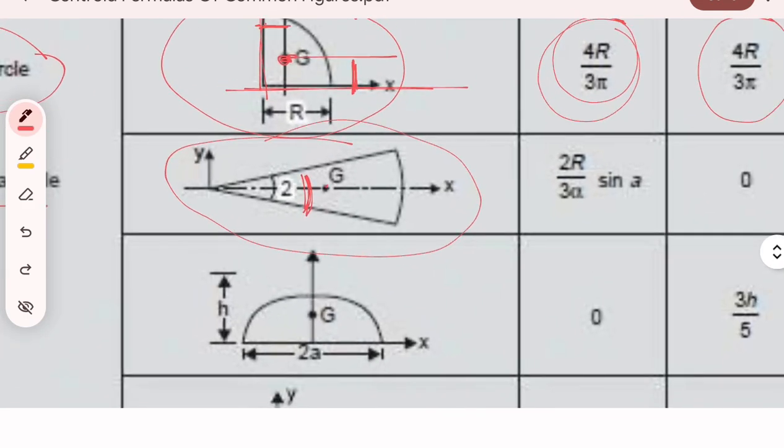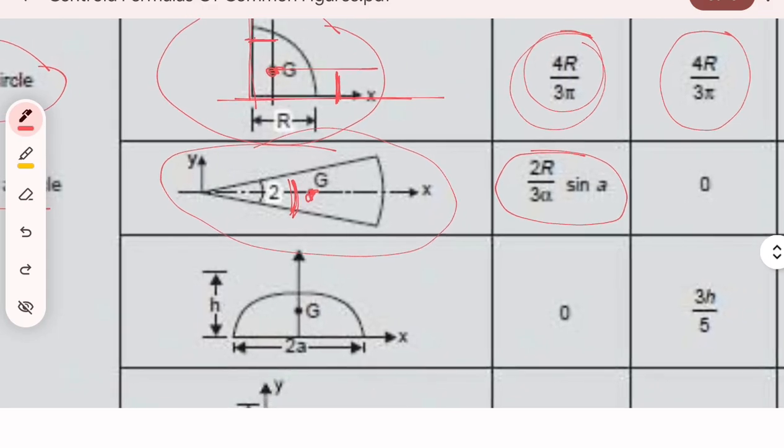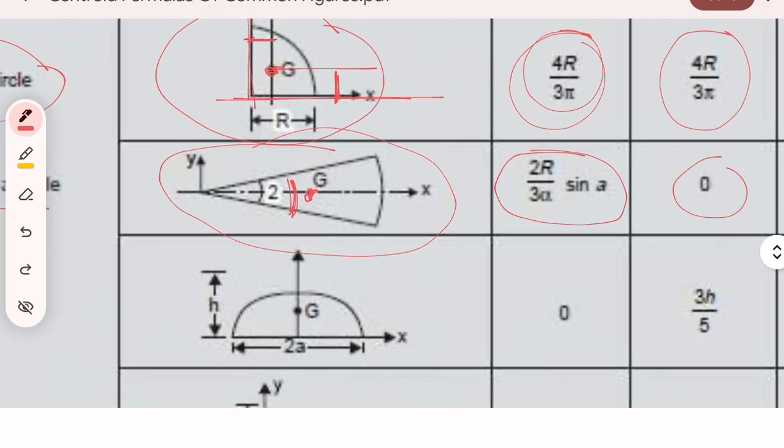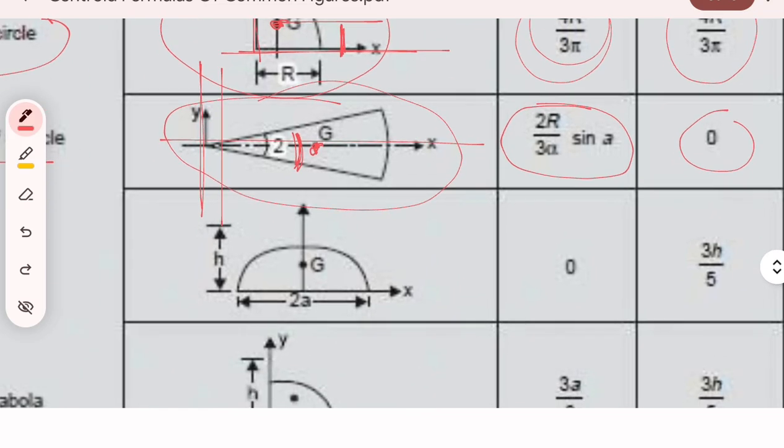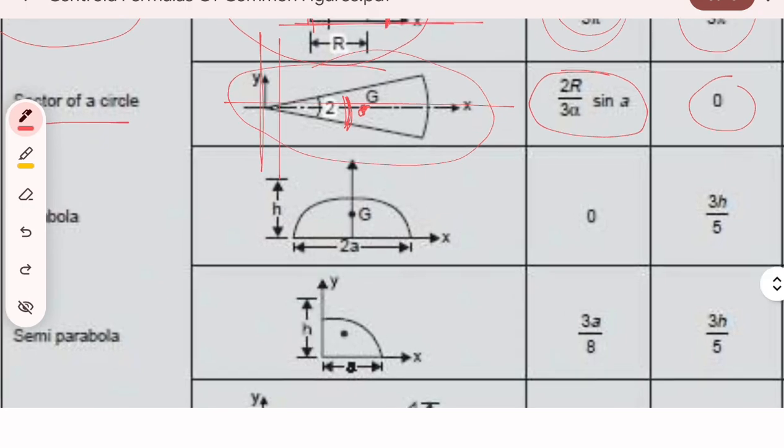The location of the centroid is at point G. So the location of the centroid along the x is 2r over 3 alpha times sine alpha. All right. And it is 0 for the y. So it is 0, because it's actually along the x axis, right? So 0 for y, and the x is 2r over 3 alpha times sine alpha.